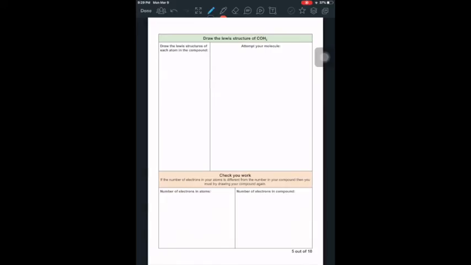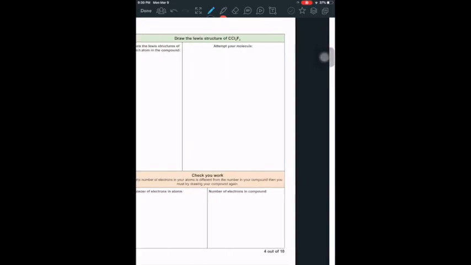All right, so when I have an example like this, I'm going to do it the same way I've done pretty much everything else. I know that carbon has 4 valence electrons. I know that oxygen has 6 valence electrons. Oh, oops, I made a mistake there. So, oxygen, 1, 2, 3, 4, 5, 6.